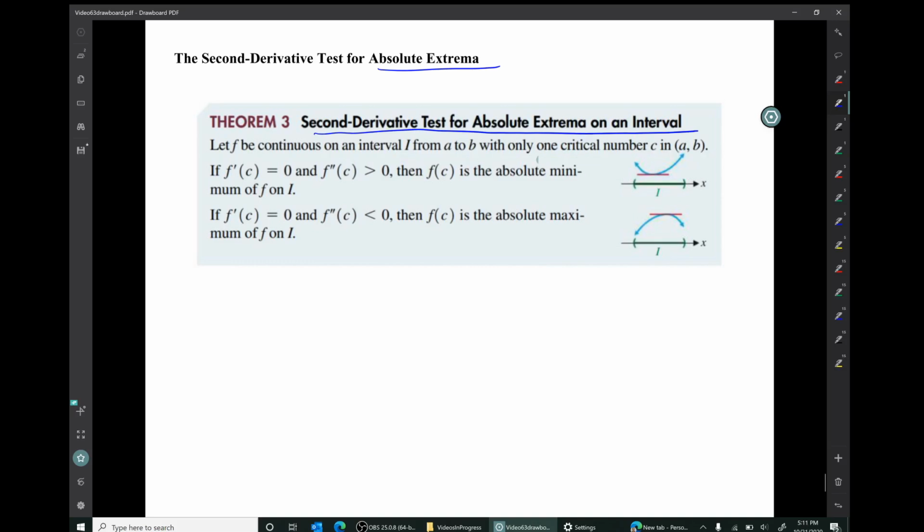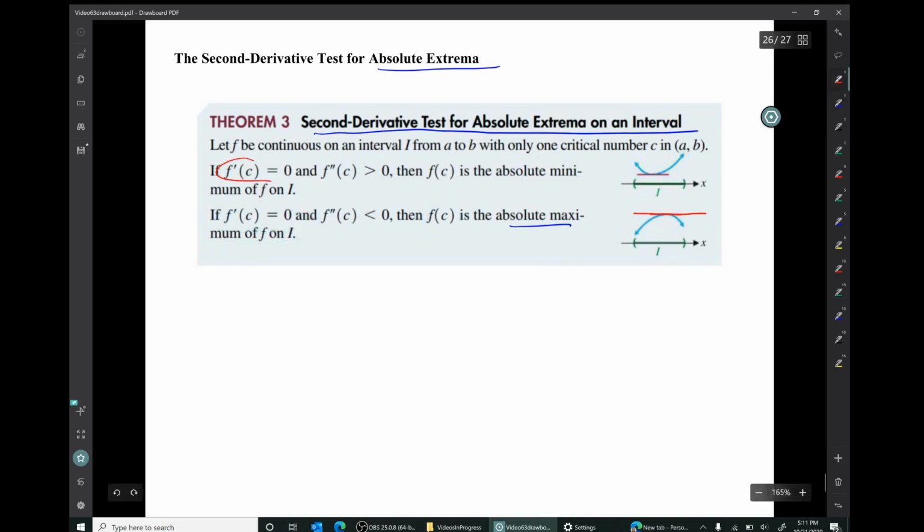If you have f prime equals 0 and f double prime less than 0, that means that you have a horizontal tangent at some number c and the graph is concave down. Well, then the second derivative test tells you that that y value, f of c, is the absolute max on that whole interval. Not just a local max, it's actually an absolute max on that whole interval.